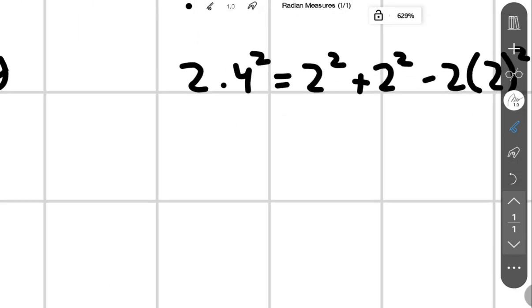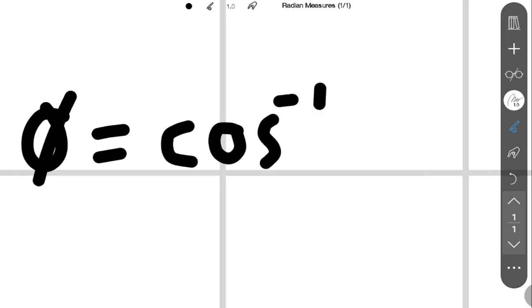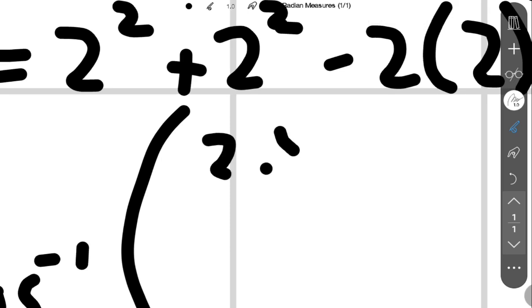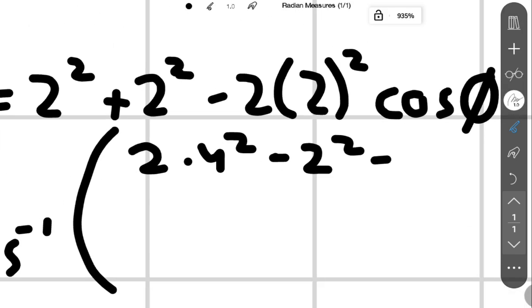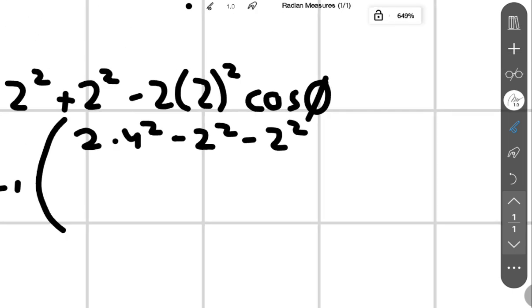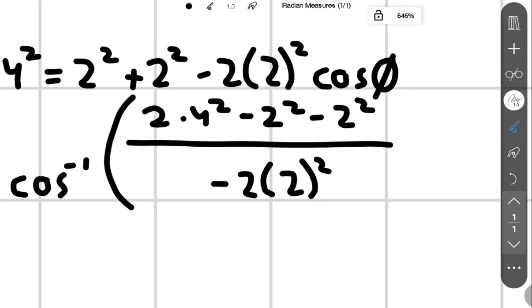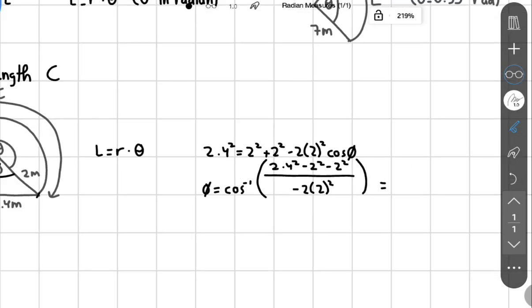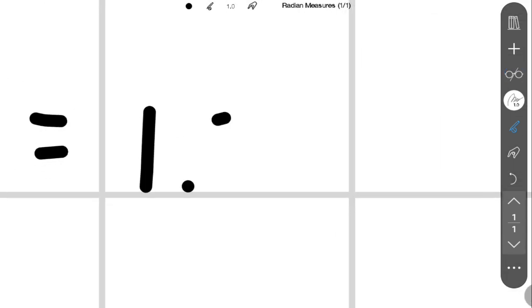If we do that, we find that phi is equal to cosine inverse of, open a bracket, 2.4 squared minus 2 squared minus 2 squared, all over negative 2 times 2 squared. And this in radians will equal, give me a moment, up to 3 significant figures, 1.29 radians.